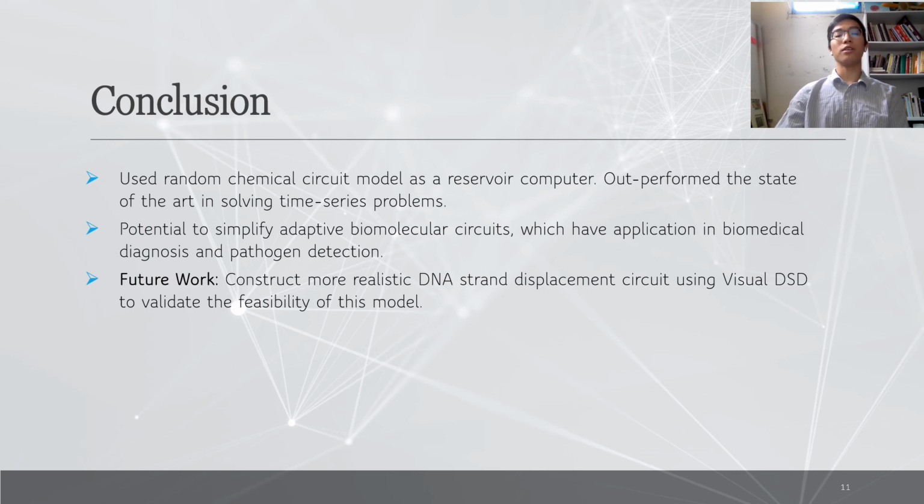Lastly, for future work, we plan to construct a more realistic DNA strand displacement circuit using Visual DSD, a Microsoft-supported tool for DNA strand displacement design, to validate the feasibility of this model.